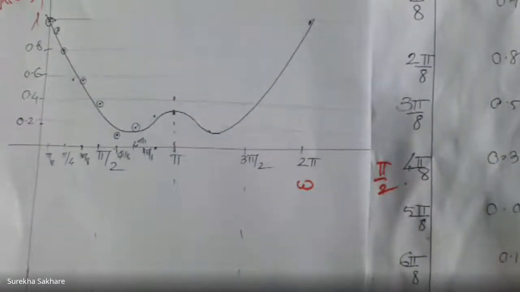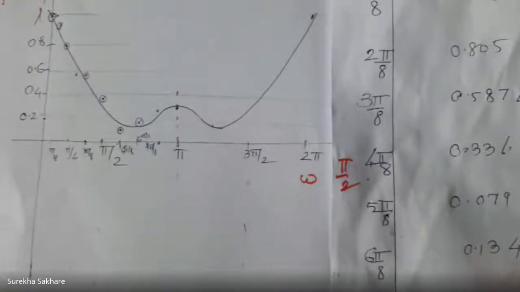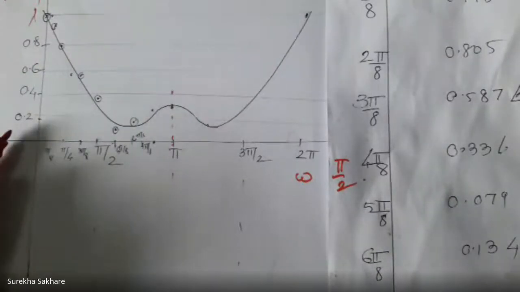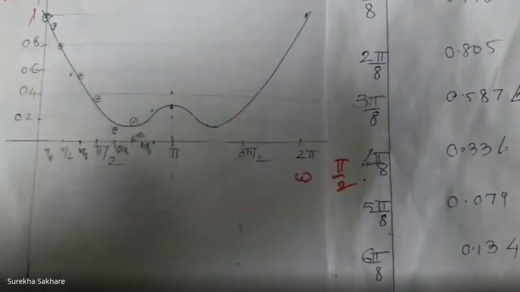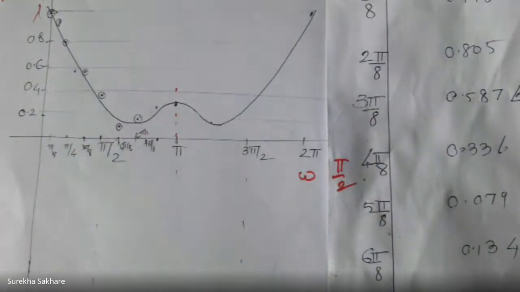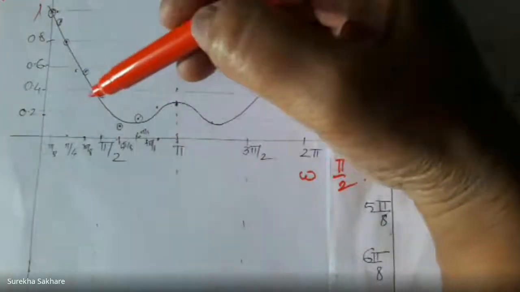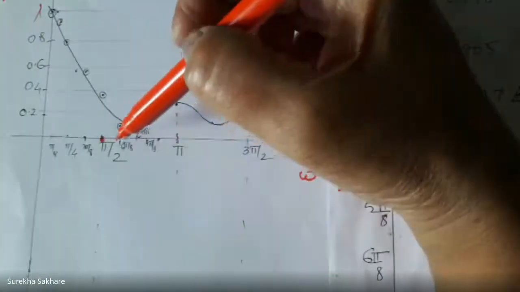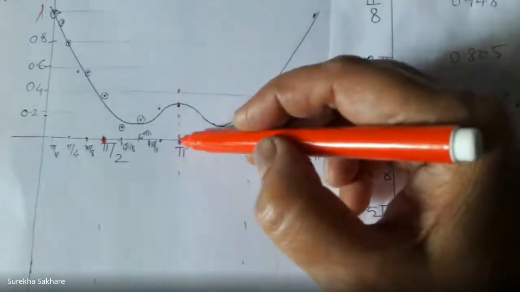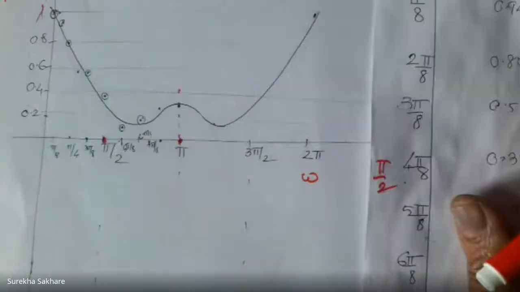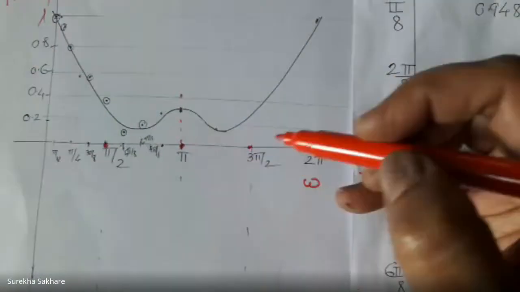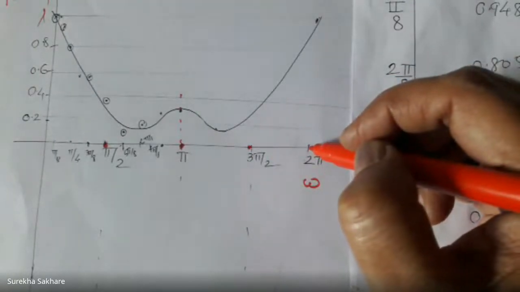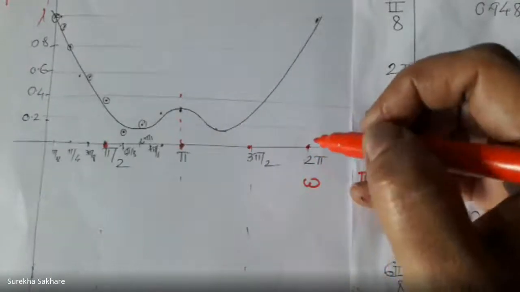I have put the values as 0.2, 0.4, 0.6, 0.8 and 1. Okay. Then we will see some values like pi by 2 I have taken. This is pi. Then 3 pi by 2, equidistant. Because we didn't go for all the values, we have to find the continuation for the other values which we didn't find. So this is pi by 2, pi and 3 pi by 2, 2 pi.